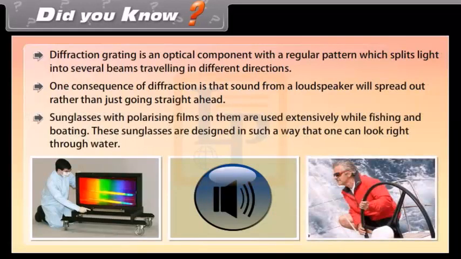Sunglasses with polarizing films on them are used extensively while fishing and boating. These sunglasses are designed in such a way that one can look right through water. Reflection of waves off seawalls or other barriers can cause an interference pattern called a standing wave. In standing waves, crests do not move laterally.